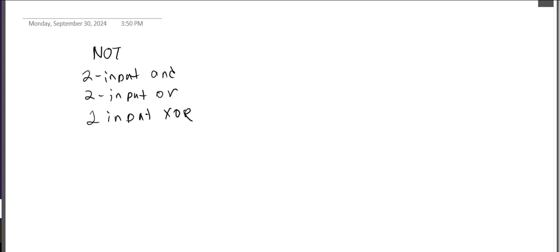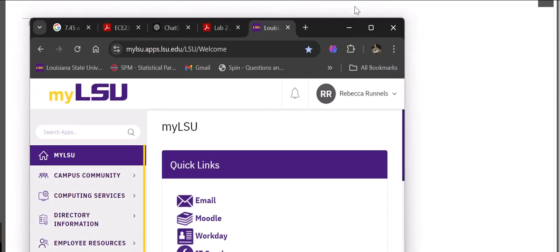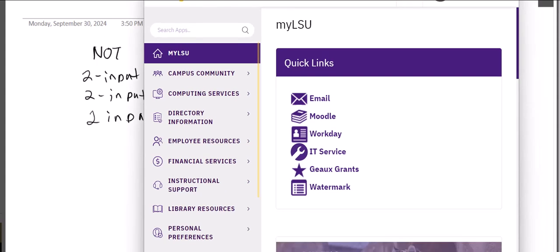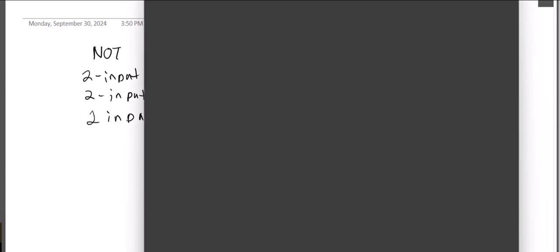So now, let's go to the website and make sure that we have all those chips, because if we don't have them, we will have to come up with something else.